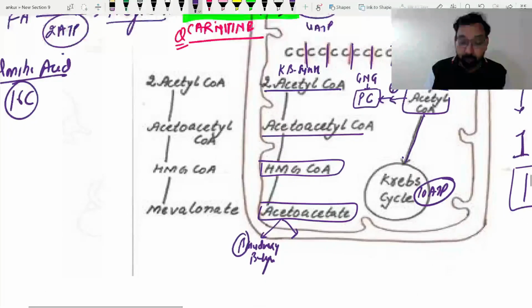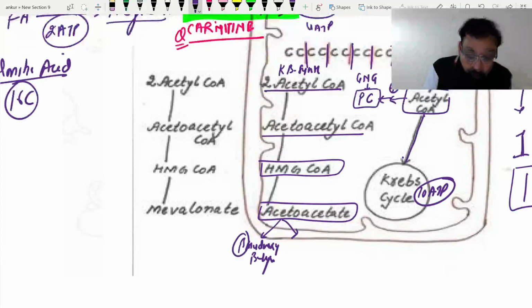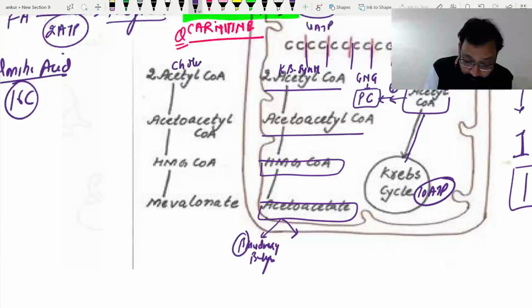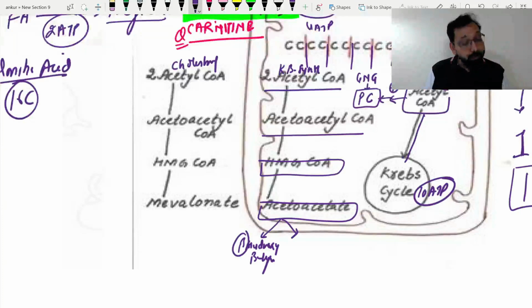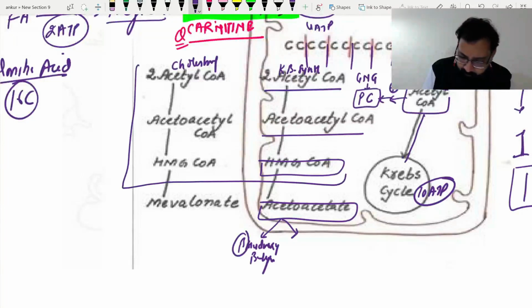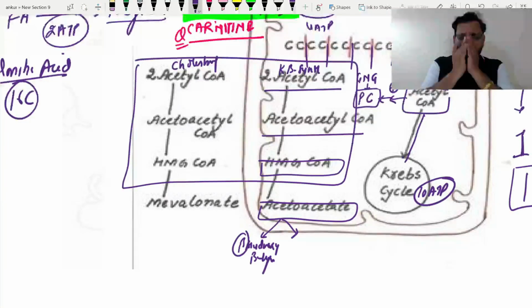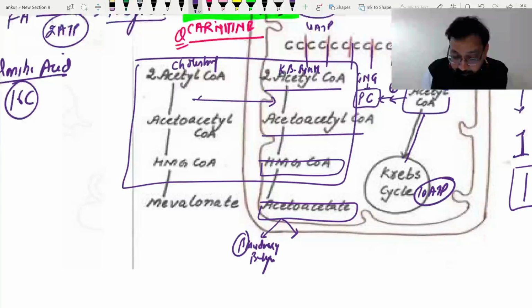Before moving further, in AIIMS a long time back this question was asked. Why I'm telling you, because they want you to remember the integration. Okay, this is cholesterol synthesis. Cholesterol synthesis occurs in cytosol, ketone body synthesis occurs in mitochondria, but the initial two steps are the same.